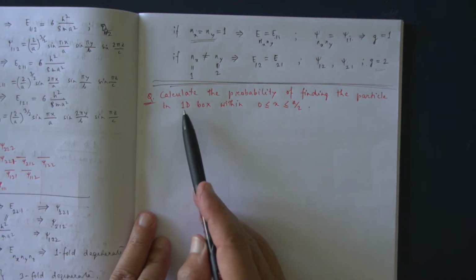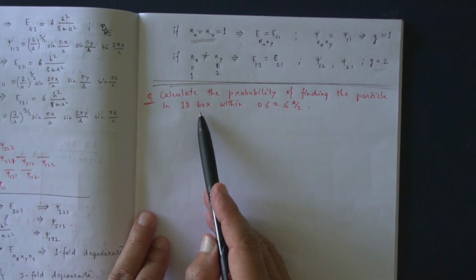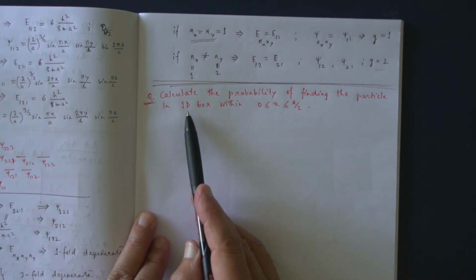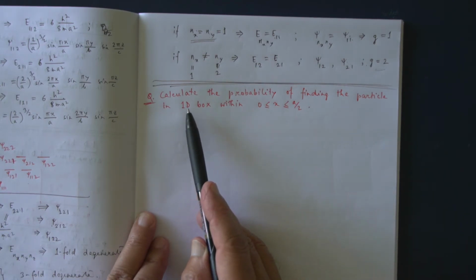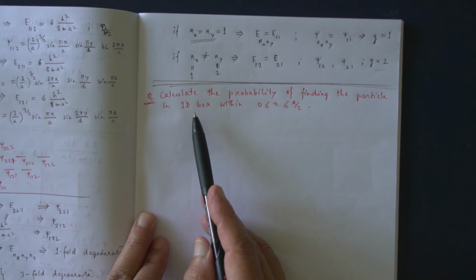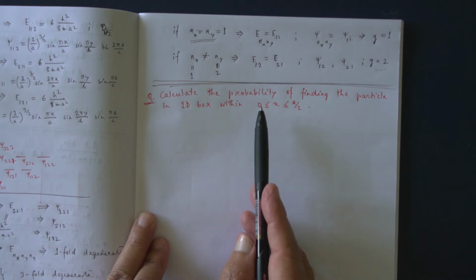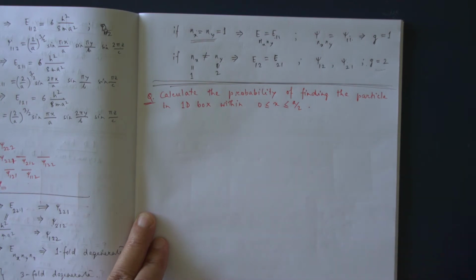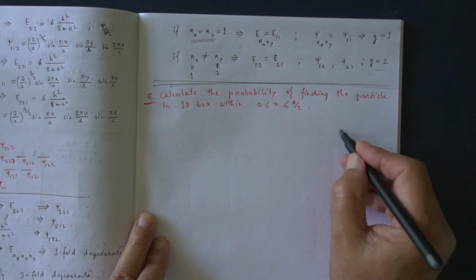So you see, particle in a 1D box, in general we mean asymmetric. That means the limits of the box are from x equal to 0 to x equal to a.